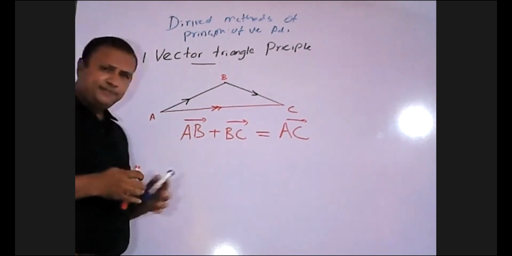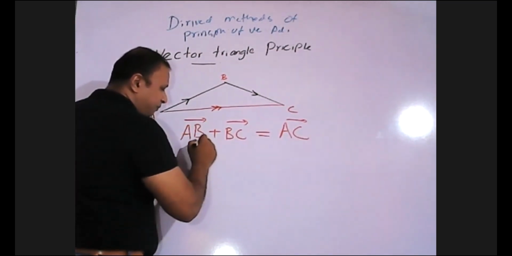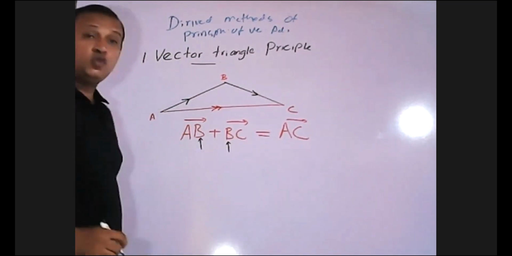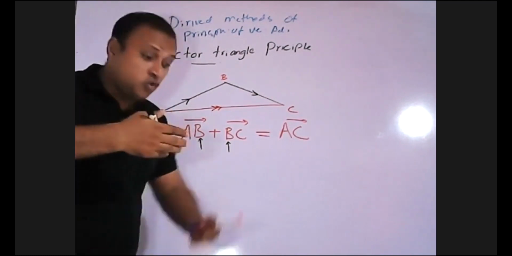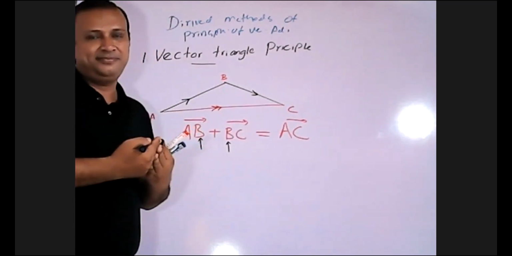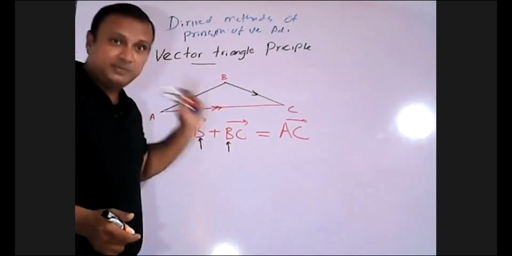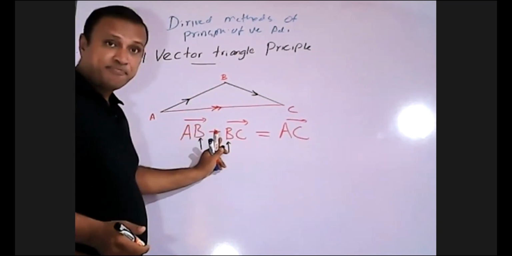You can clearly see this point and this point are the same. That means these two points overlap, or coincide. These two points should be the same.